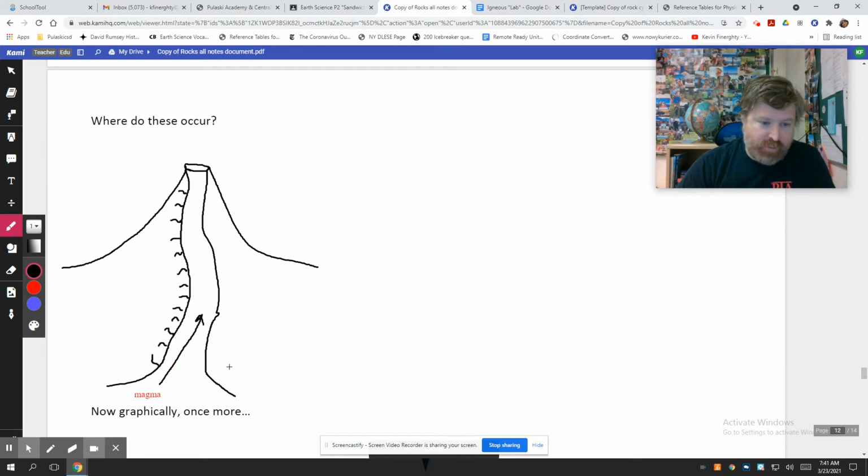It's not meant to represent what it actually looks like. This is a commonly used symbol in these cross sections. Press pause if you have to, because it takes a minute. A commonly used symbol in these cross sections to indicate that contact metamorphism has taken place.